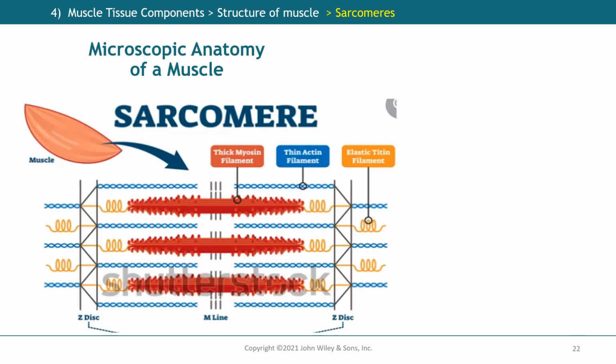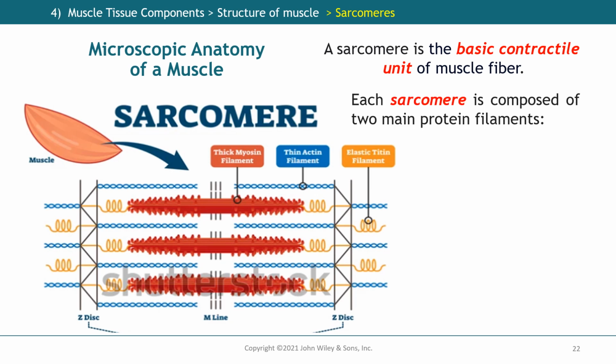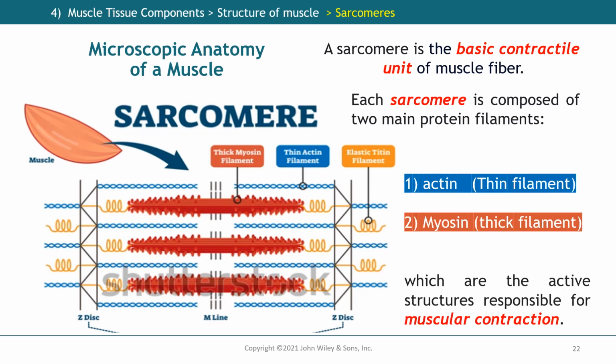To finish this section, just remember that a sarcomere is the basic contractile unit of a muscular fiber, and that each sarcomere is composed of two main proteins that you see there, thick filaments of myosin and thin filaments of actin.